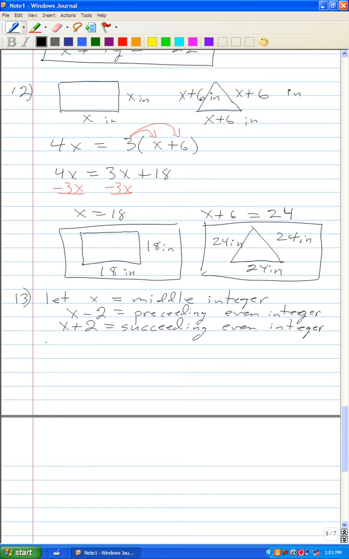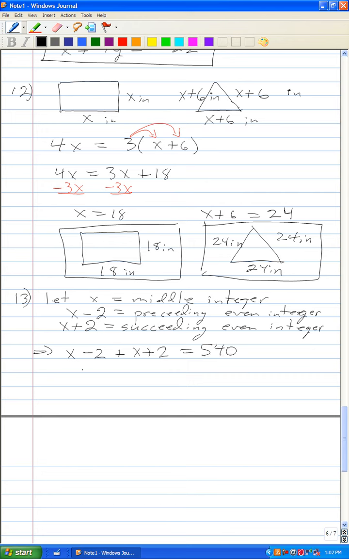And so the sum of the first and third consecutive integers is 540.